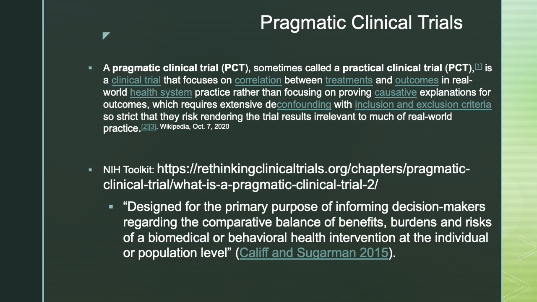Now, Califf and Sugarman do a nice job of discussing the importance of pragmatic clinical trials, and they basically suggest that this is the best design for the primary purpose of informing policymakers, because you have to be able to show data that takes into account the potential benefit or impact, which would be what we used to call effectiveness data. We have to think, though, also about the costs, the burdens, and the risks, both for the individuals who participate and the people who are delivering the intervention.